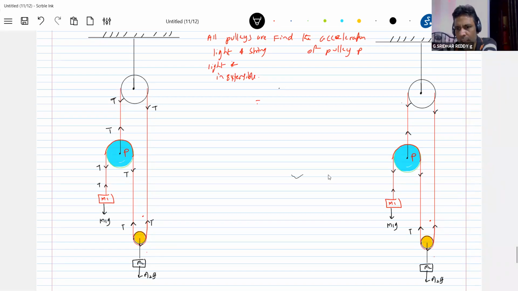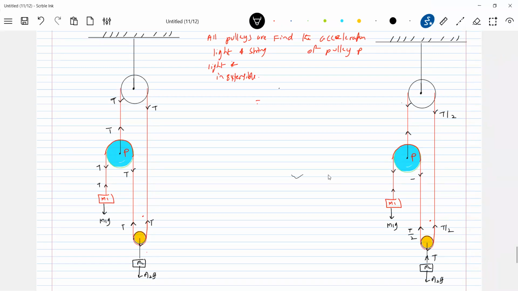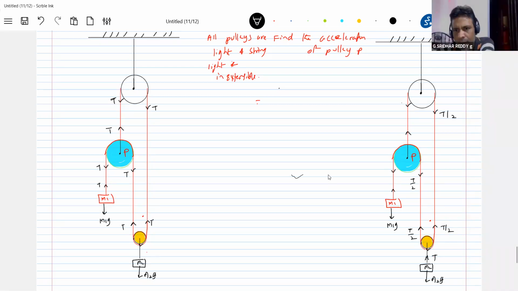Here, what I do is, if the tension is T by 2, T by 2. Okay, can I begin like this also? T by 2, T by 2. Here T by 2. This will be how much? T by 2, T by 2. And here this will be T and this is T. Tell me who is right here?